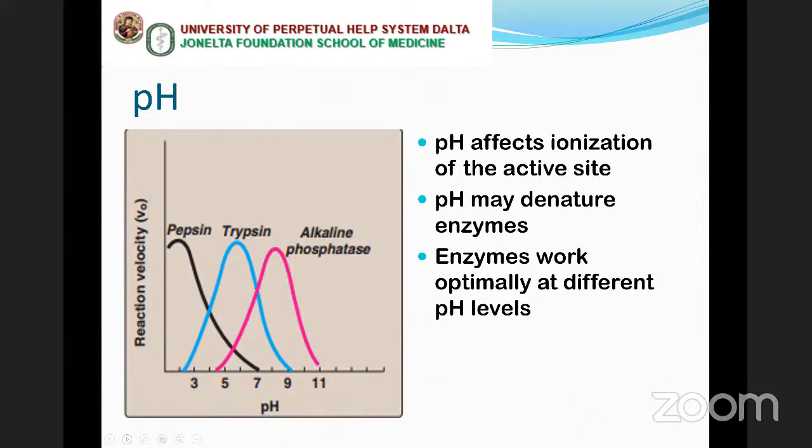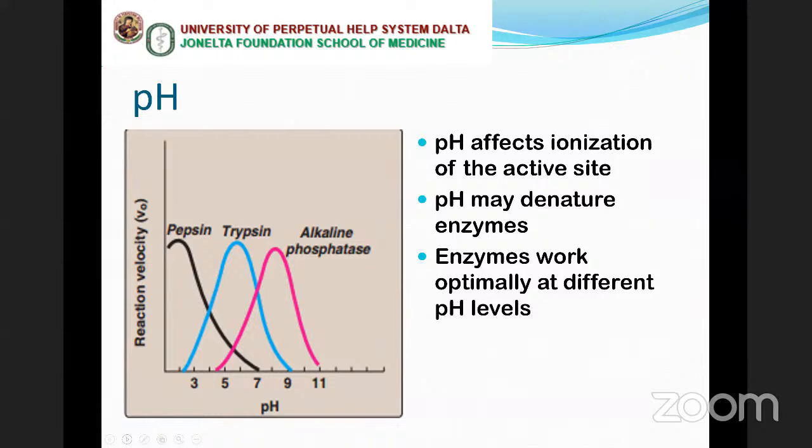Your pH would affect your ionization of your active site. Your pH also may denature your protein enzymes, and they work at different pH levels. Of course, your stomach enzymes, like for example, pepsin, would want your acidic environment.